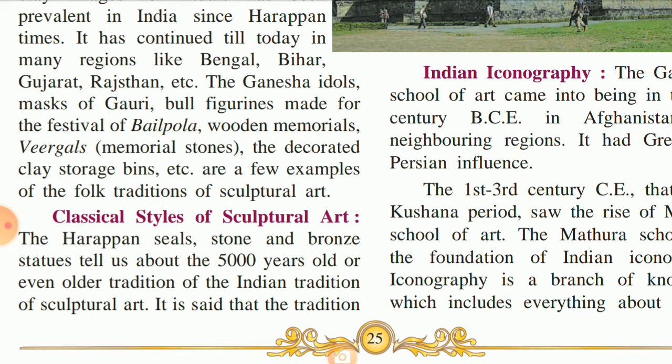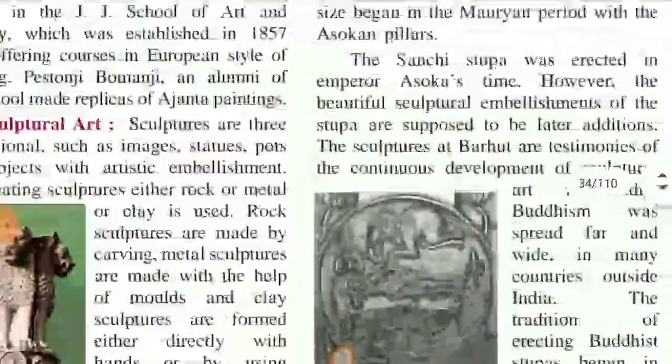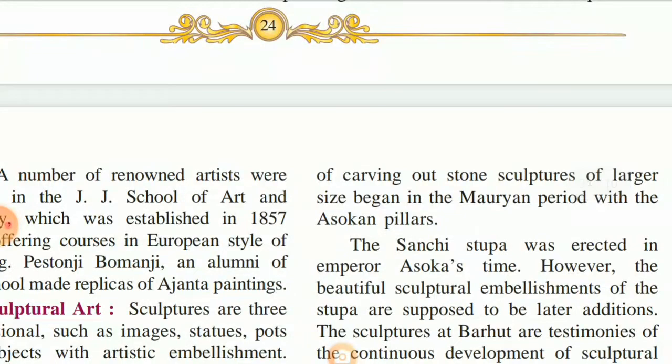It is said that the tradition of carving stone sculptures of larger size began in the Mauryan period with the pillars. So large-size stone carvings began with Samrat Ashoka.